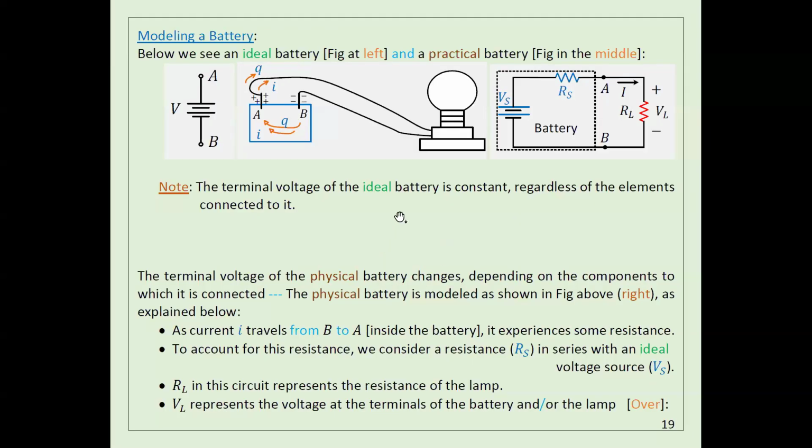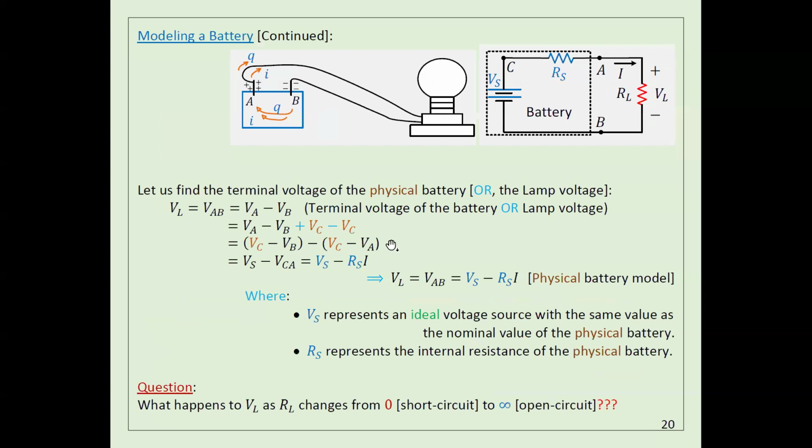Yeah, so that's what I'm explaining here. We have a small resistance here, RS. And then I calculated VL, the voltage drop here. I calculated it this way. The voltage drop here is actually VA minus VB. And I'm going to add VC and subtract VC.